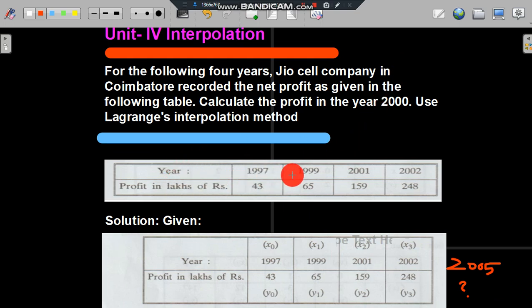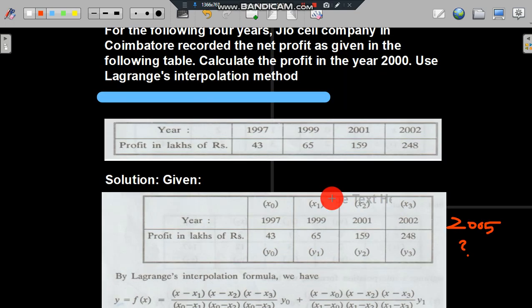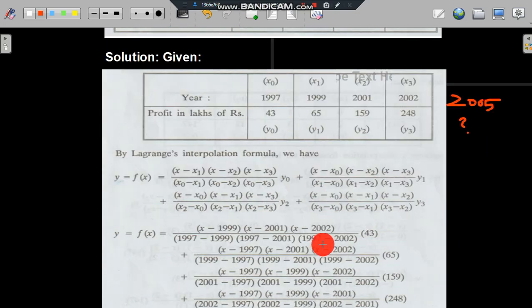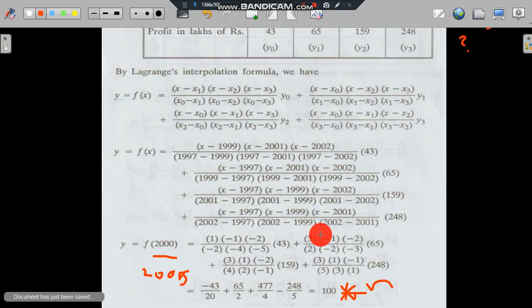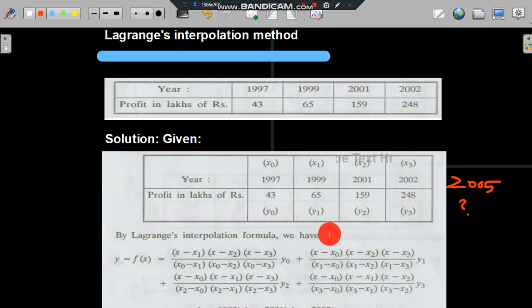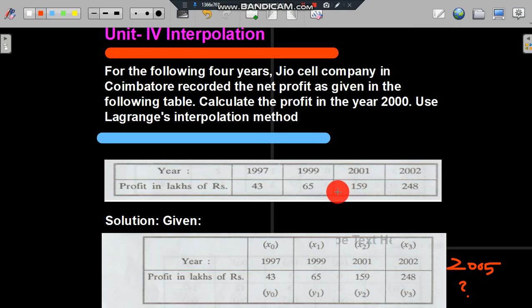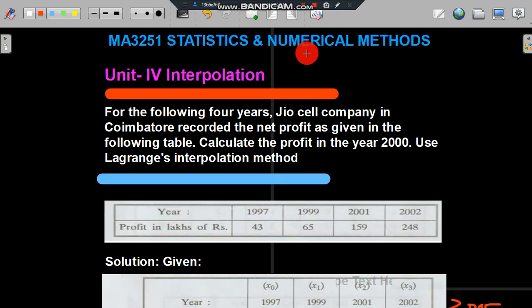Instead of years and profit, we can take whatever the variables may be, whatever x and y, and solve the problem like this. Solving means we want the corresponding y value for an unknown x value.